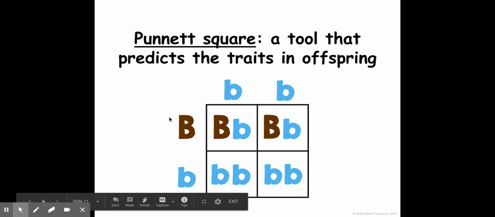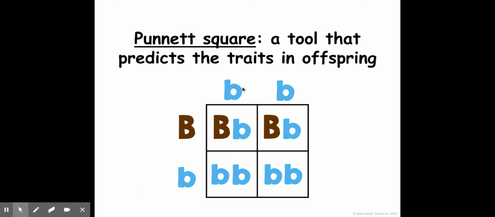So you can see, we're going to go back with eye color for this one. I have dad who has blue eyes, so two lowercase b's here, because this is dad's genotype. His genotype is two recessive b's. His phenotype is blue eyes.